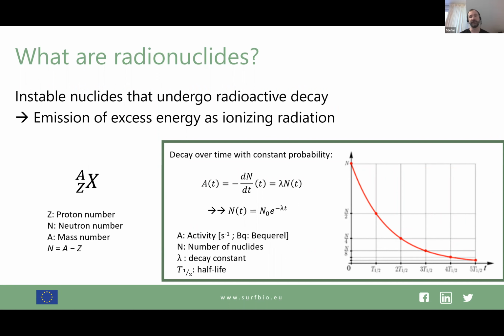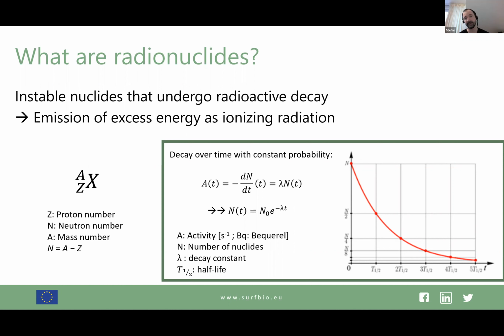Some excess energy is emitted as ionizing radiation that we then want to detect. These radionuclides are of course defined by their proton number, their neutron number, and their mass number. With that you can define any nuclei that the different elements have, and under certain conditions they are unstable and then undergo this radioactive decay.